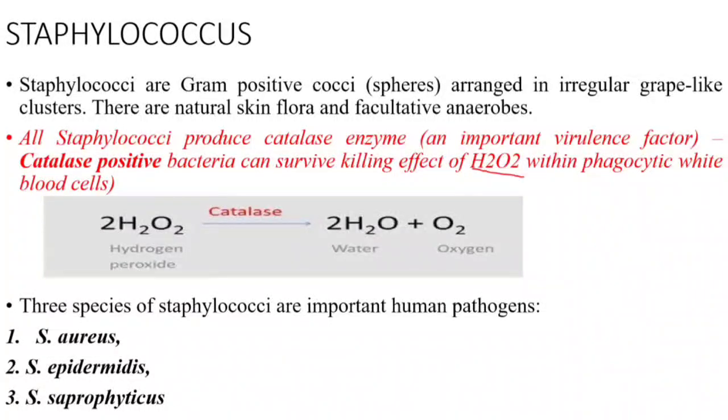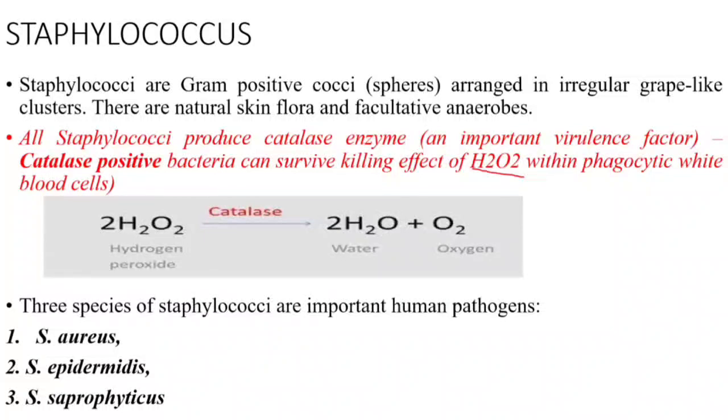To escape the killing effect, staphylococcal species are able to produce the catalase enzyme, which breaks down H2O2 into water and oxygen, with the reaction over here. So with the catalase, they are able to break down hydrogen peroxide, which is supposed to harm them, into water and oxygen gas, which is seen as bubbles, and then escape the killing effect of the phagocytic cells. All right.